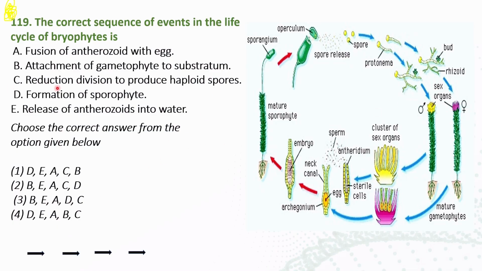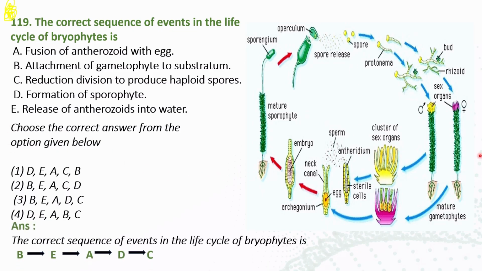First of all, if you see the structure, the first step is the attachment of the gametophyte to the substratum. You can see that the gametophytes are attached here. This is the first step undergone in the life cycle of the bryophytes.